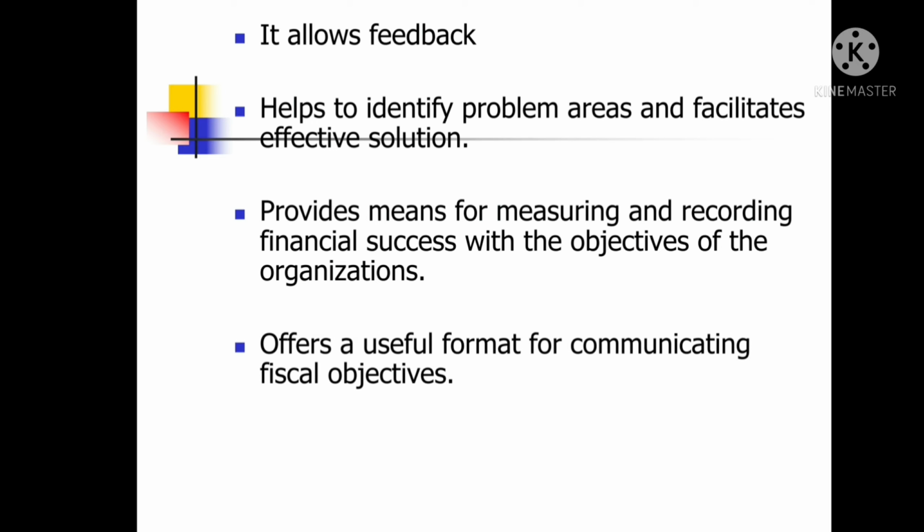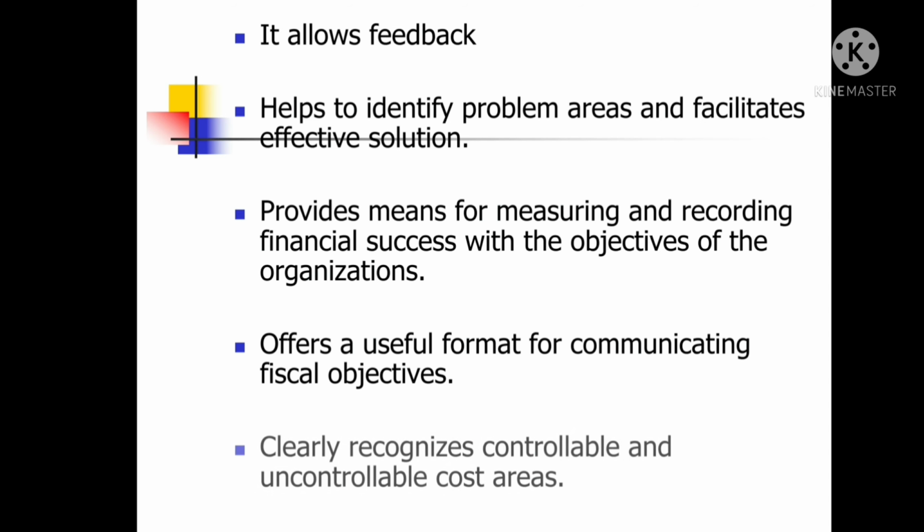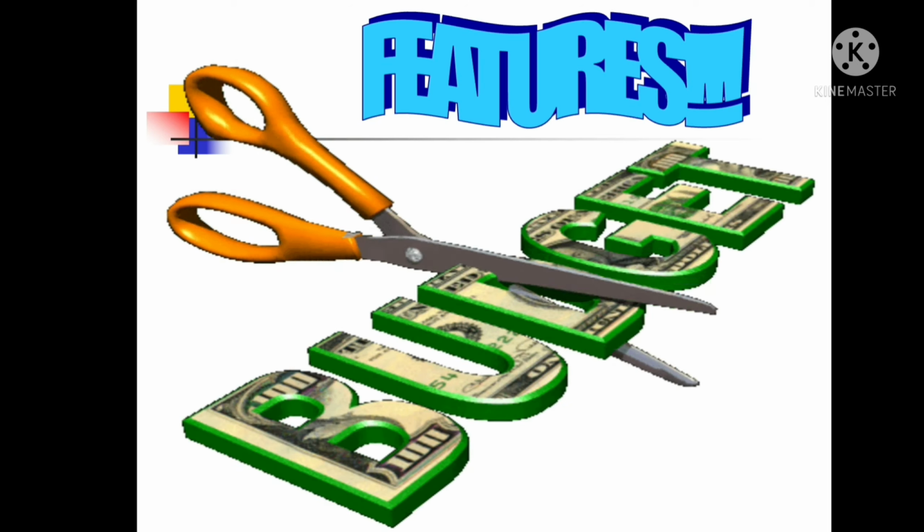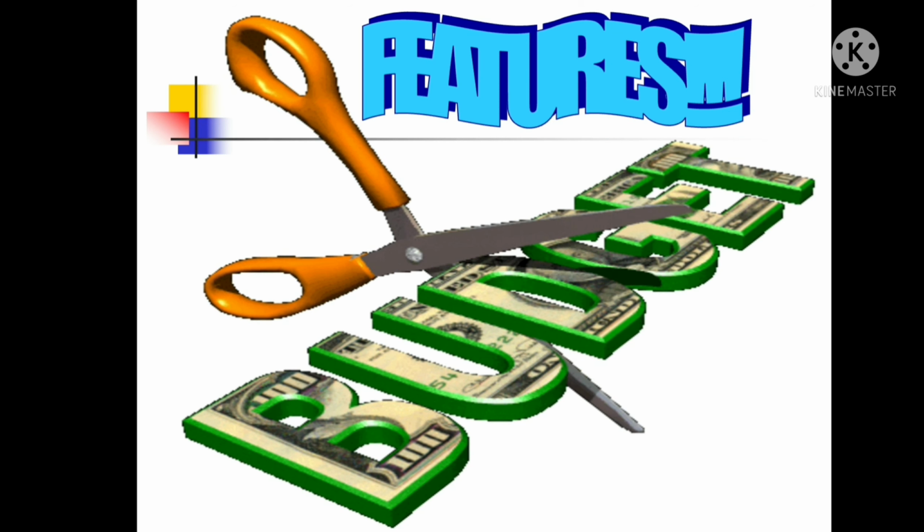It offers a useful format for communicating fiscal objectives because we have to communicate it. Then it clearly recognizes controllable and uncontrollable cost areas. Where the cost is higher and where we need to reduce the cost, we may get an idea regarding that through this budgeting. I think the purposes are clear.